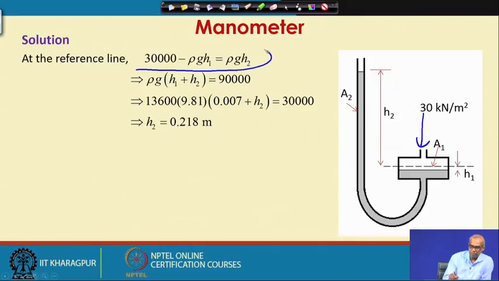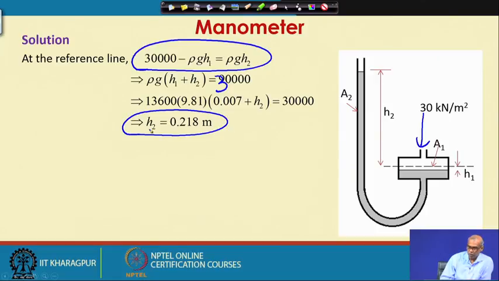So, I can write 30 kilonewton per meter square, which is 30,000, equal to rho g H1 plus rho g H2. So, if you solve this equation, you will get H2 equal to 0.21 meter.